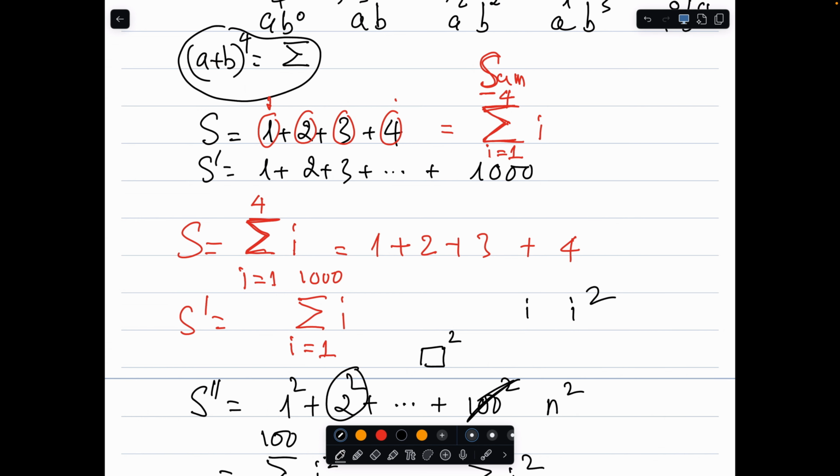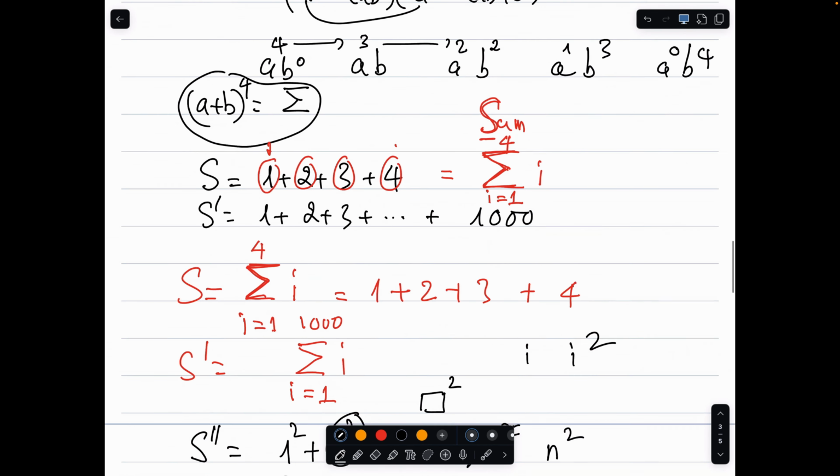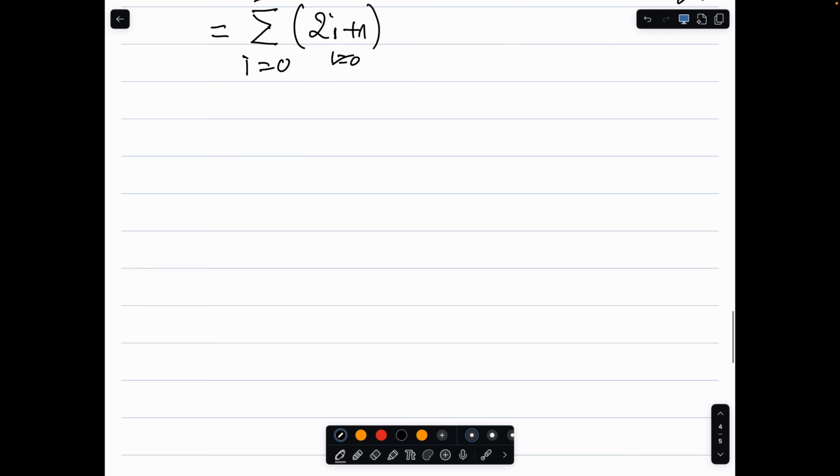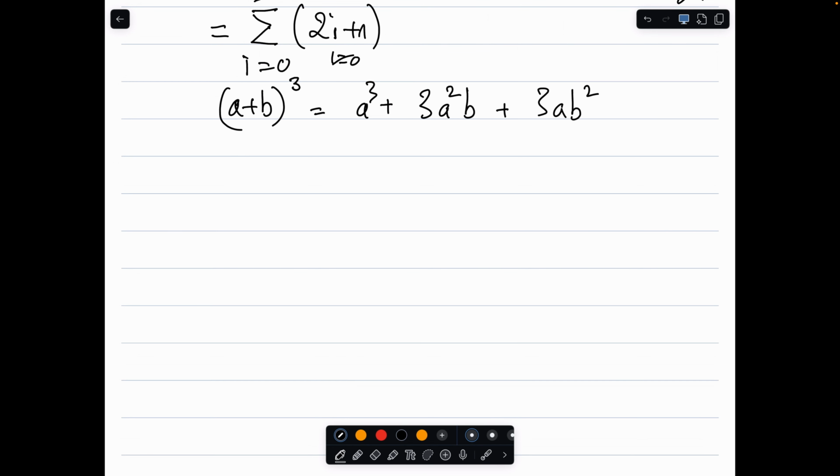Now going back to (a+b)^4, let's do (a+b)^3 first. You understand the terms a^3, a^2 b, a b^2 and b^3. Now using the sigma, you know how to do this, right?